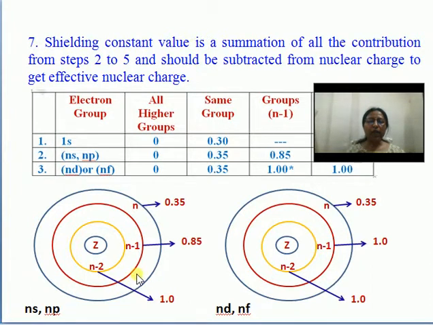You can see as we go inside, the contribution towards the sigma value becomes more. And for nd or nf kind of electrons, for this n group you have the contribution 0.35, but for n-1, n-2, everywhere you have the contribution of 1.